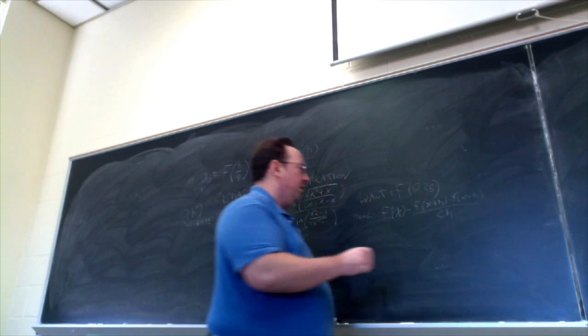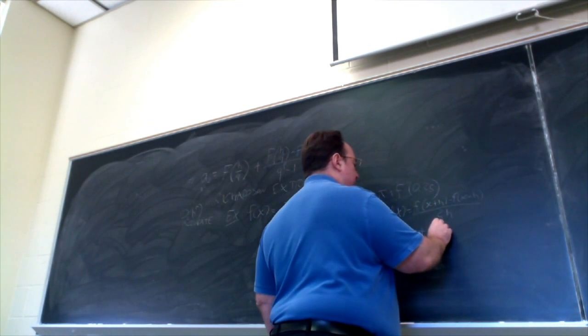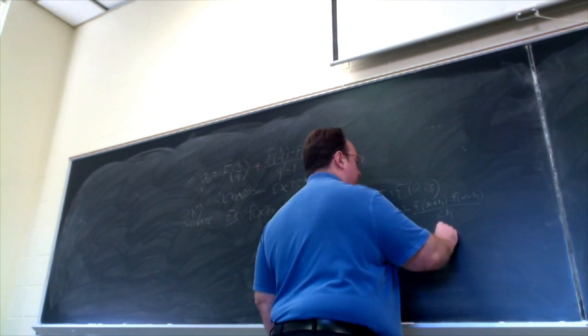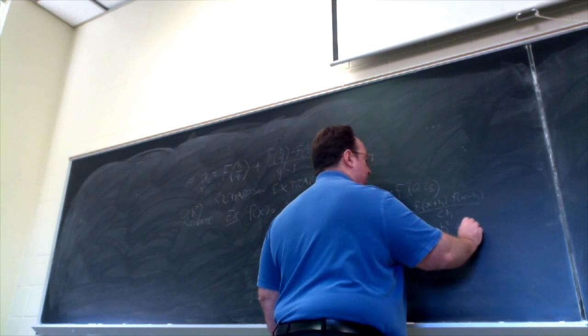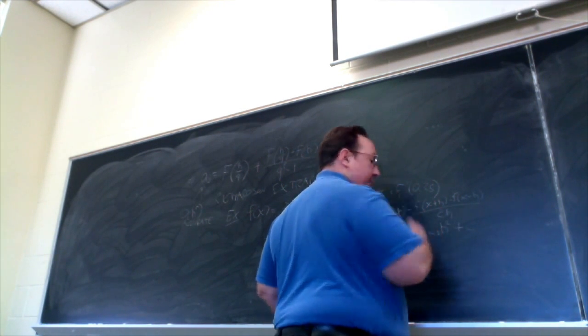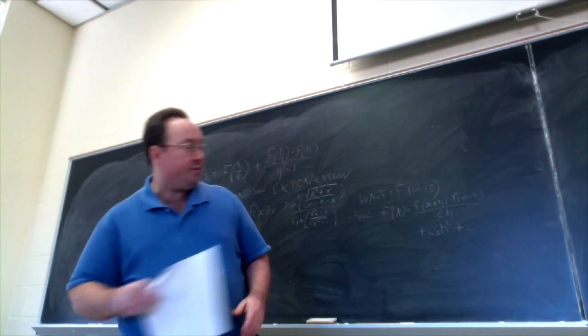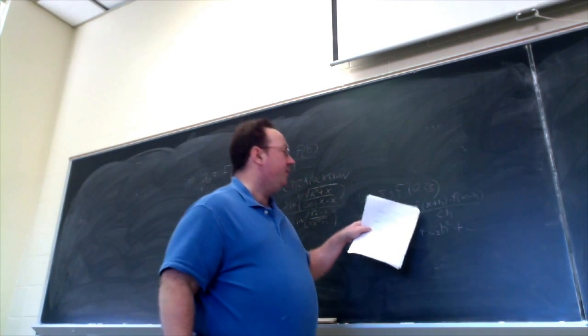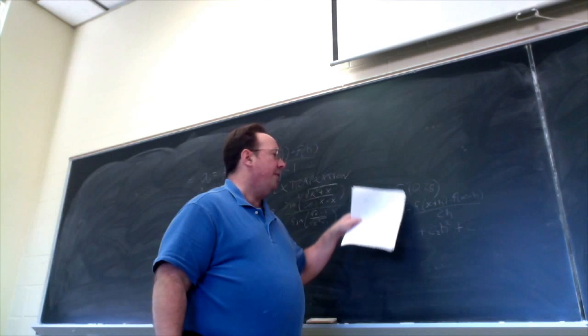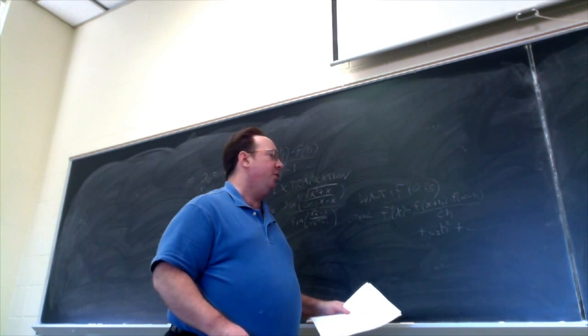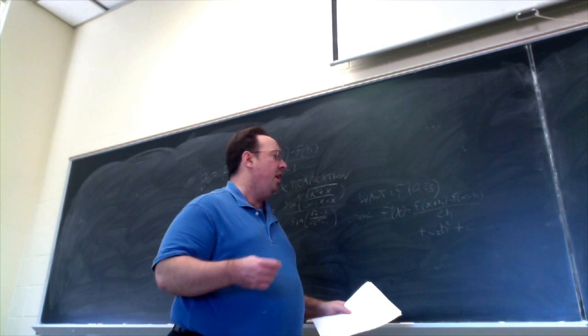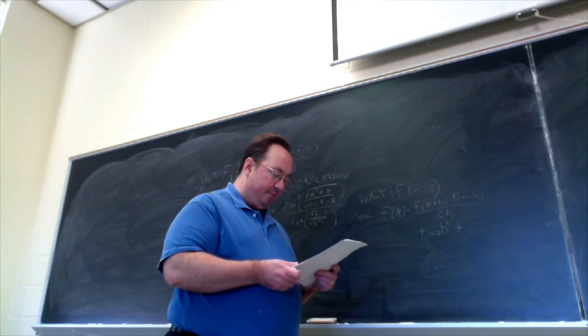Now the error is going to be some constant, which I'll call C2 h squared, second order accurate, plus, now what happens is, if you did Taylor series for f of x plus h and f of x minus h and subtract them like this, you'd find all the error terms of odd degree cancel out.